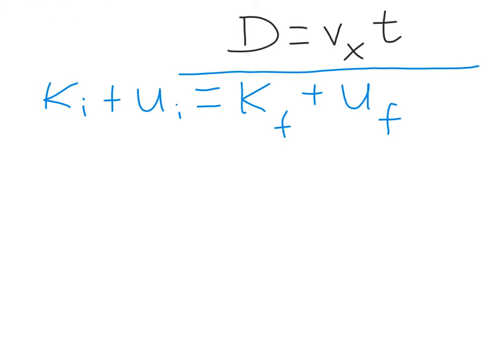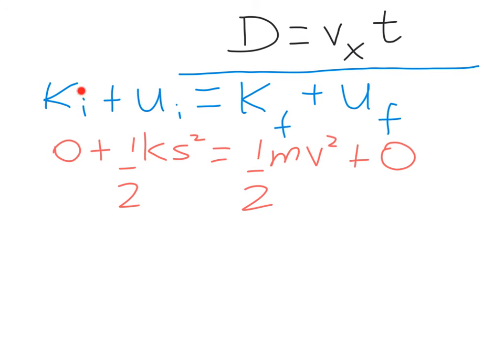In that case, the initial kinetic energy is zero because the ball is not moving when the spring is fully compressed, and the potential energy is the spring potential energy. The final kinetic energy is 1/2 mv squared. The ball is just at the edge of the table, and there is no spring potential energy left.